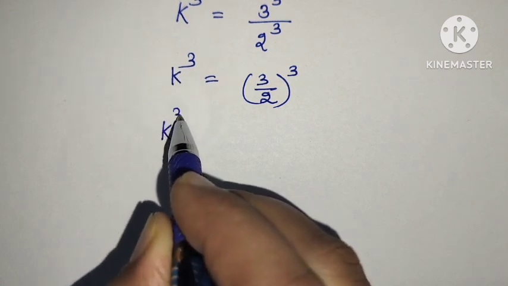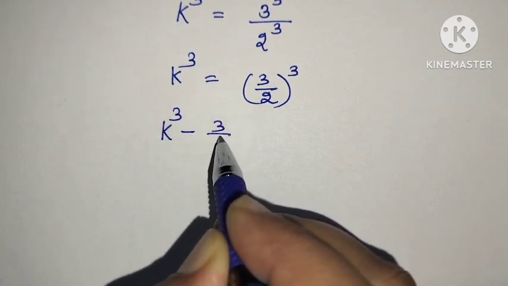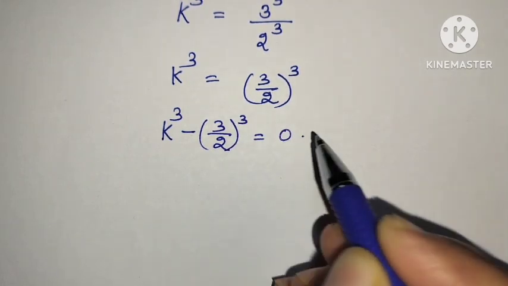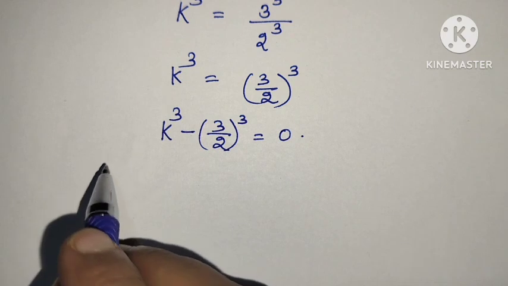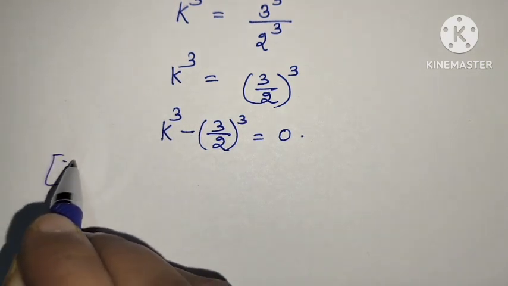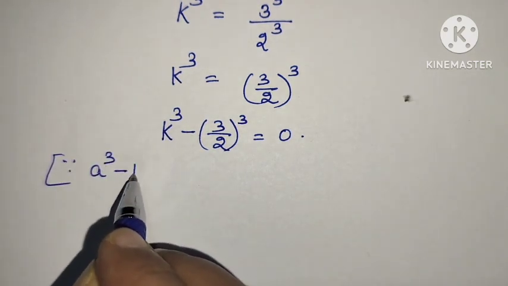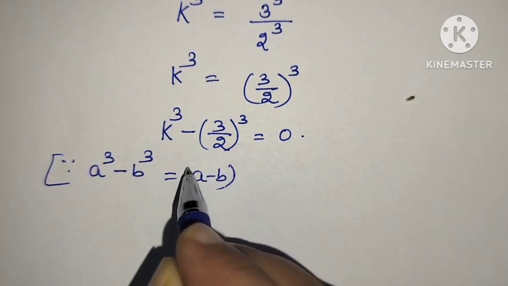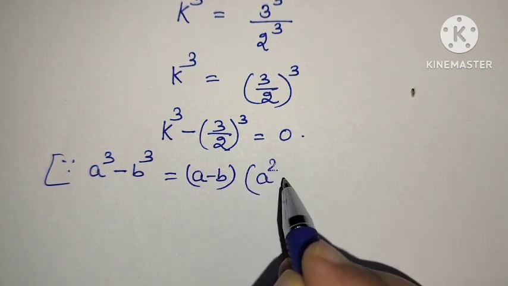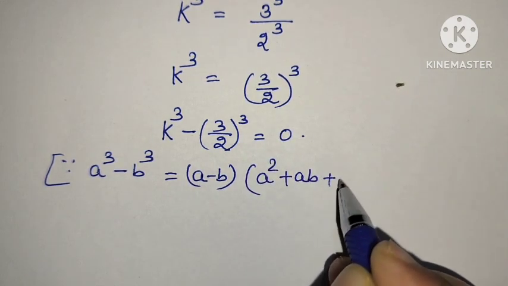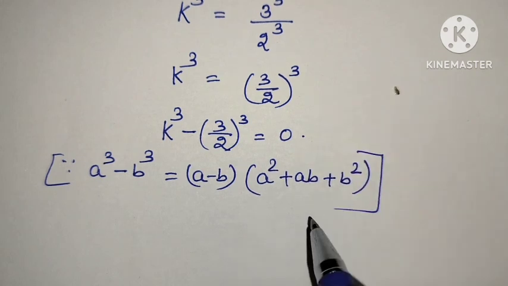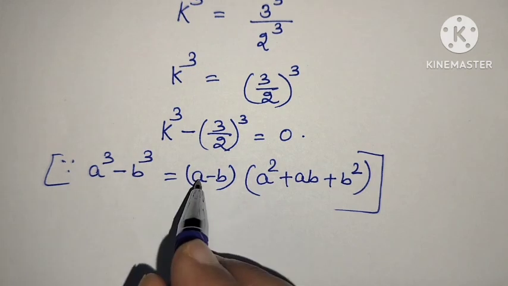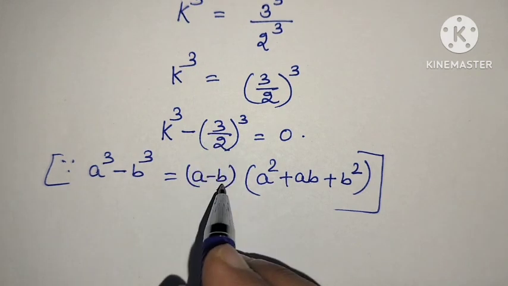Then k³ minus (3 by 2) whole to the power 3 is equal to 0. We put an algebraic formula here: a³ minus b³ is equal to (a minus b) into (a square plus ab plus b square). We put this formula here. Then k is a, 3 by 2 is b.